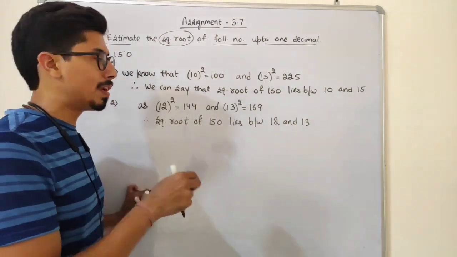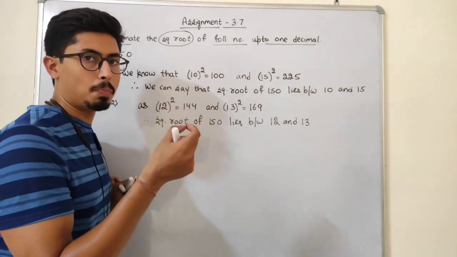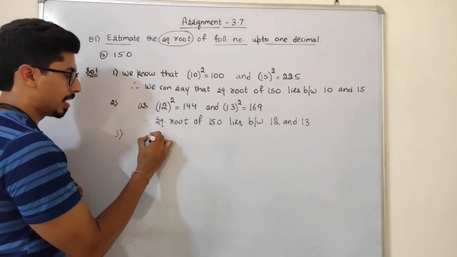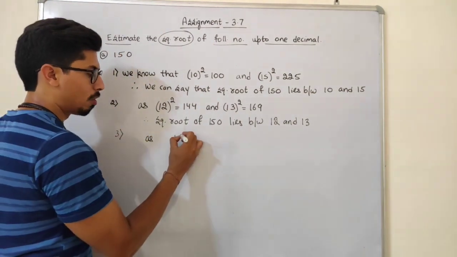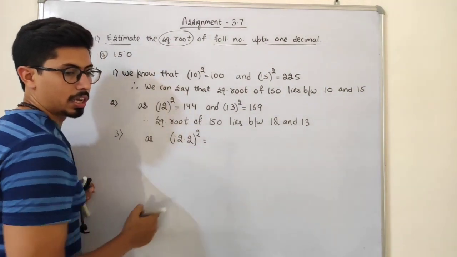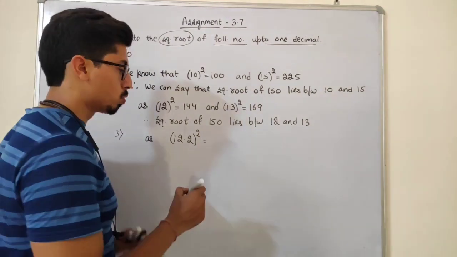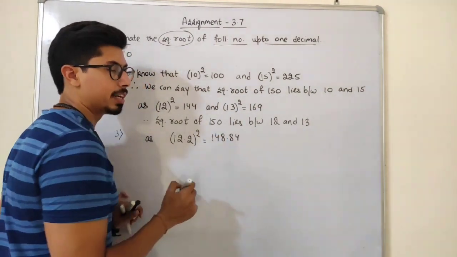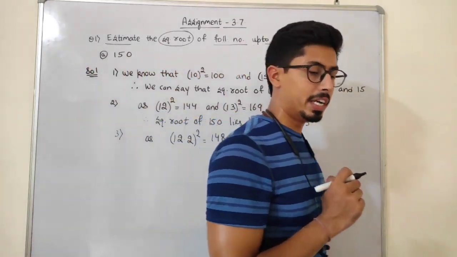So we take 12 and the decimal digits also. If I take 12.2 squared, it will be 148.84.